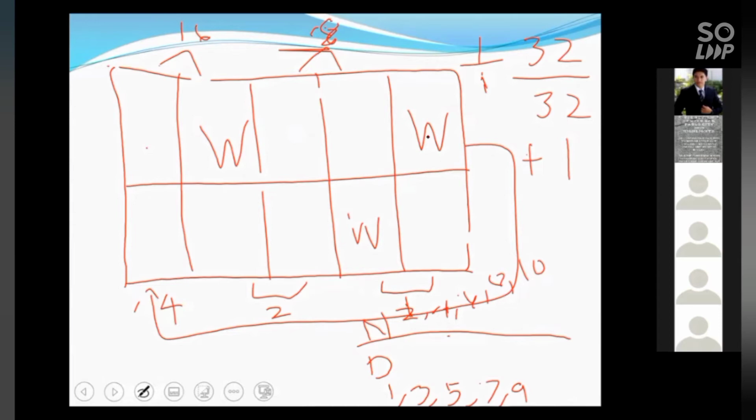What is the value of this whorl? It is 4. Then number 7. Lagyan natin dito para hindi kayo malito: 1, 2, 3, 4, 5, 6, 7, 8, 9, 10.